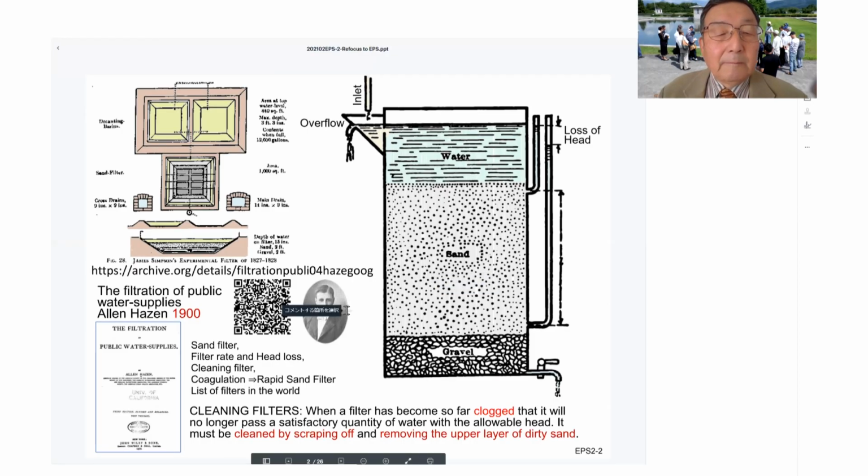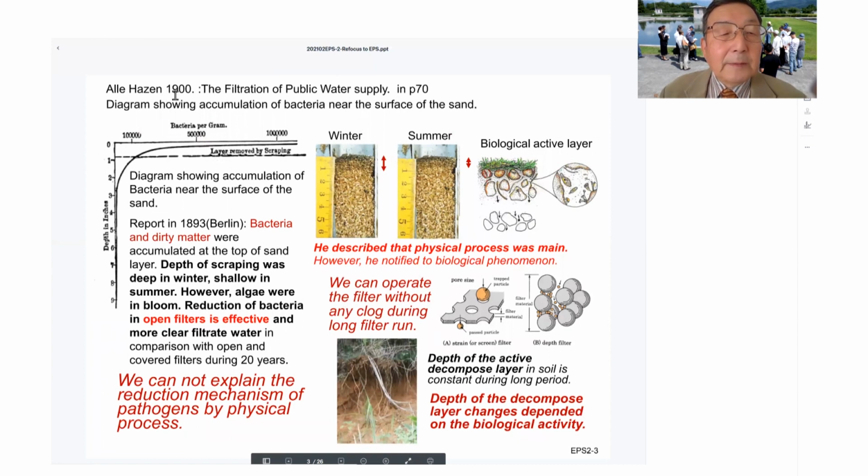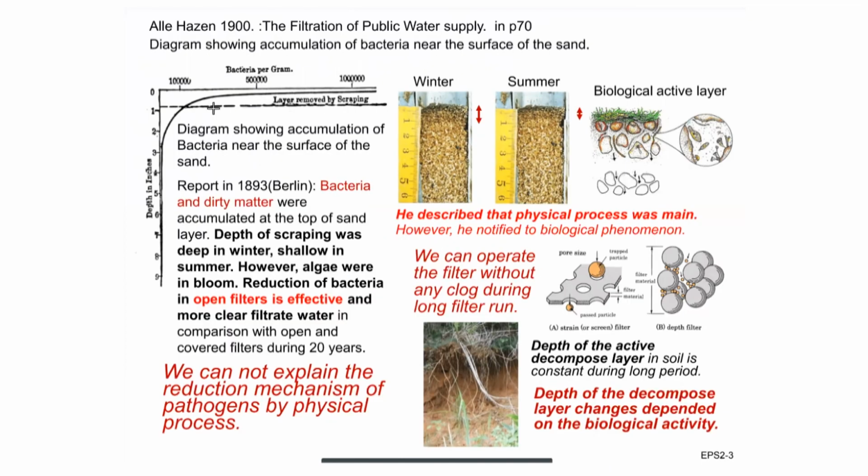And then Hazen, about 120 years ago, in his textbook The Filtration of Public Water Supplies, on page 70, there is a clear figure, a diagram showing accumulation of bacteria near the sand surface. That is, bacteria number against sand depth.